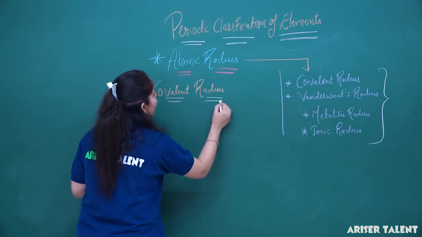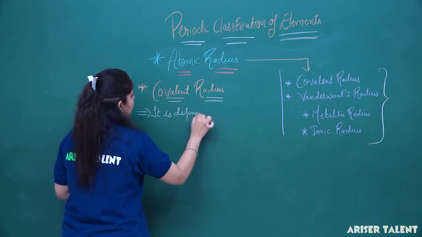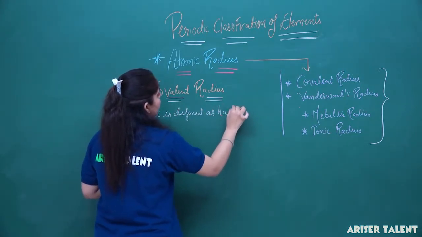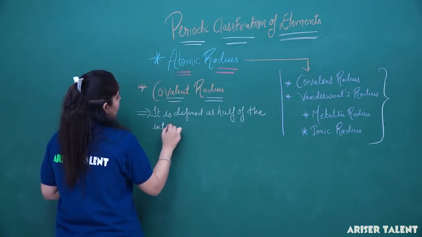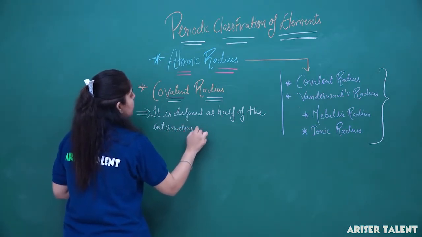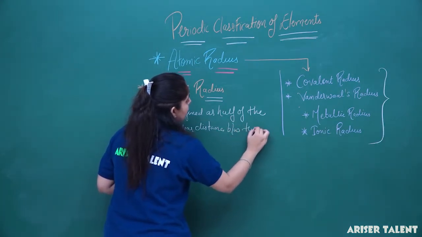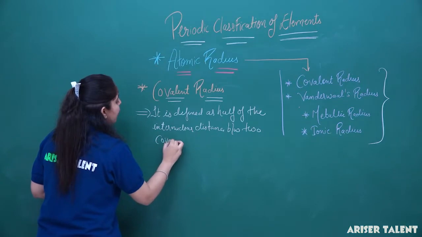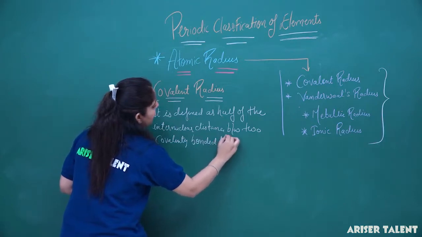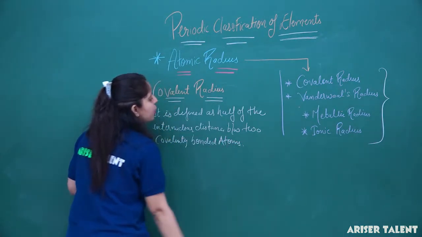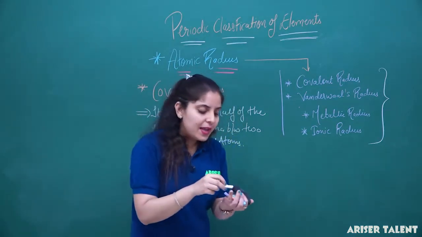Covalent radius is defined as half of the internuclear distance between 2 covalently bonded atoms. It means when 2 atoms are bonded by the covalent bond, we can say that a covalent radius will exist between them.